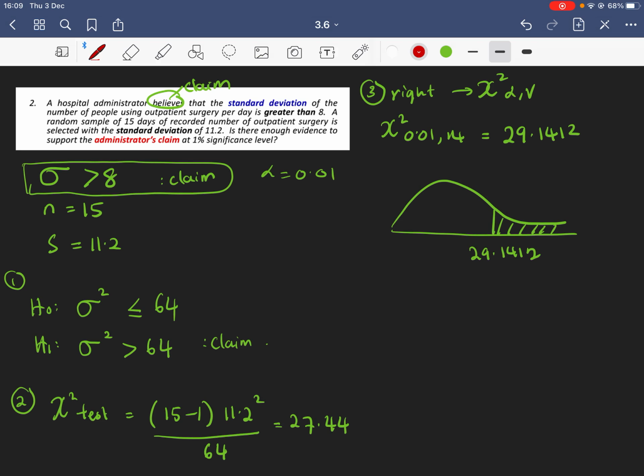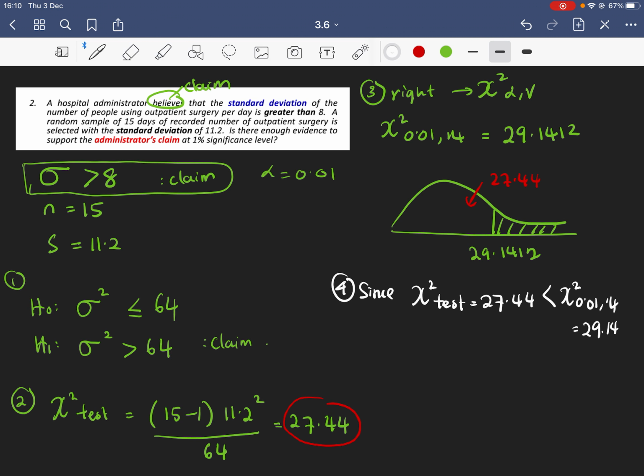So, reject or accept H null. 27.44 is located here at the unshaded region. So, step number 4. Since chi-square test 27.44 is less than chi-square 0.01, 14, accept H null.